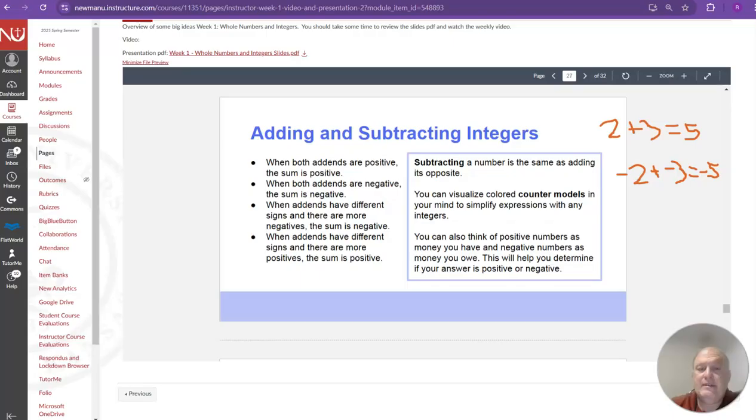Now, when the addends have different signs and there are more negatives, the sum is negative. When the addends are different signs and there are more positives, the sum is positive. So that'd be like this. It'd be like 10. So I had 10 apples, and I'm going to add in the 7 that I gave away to somebody, which is going to leave me with 3.